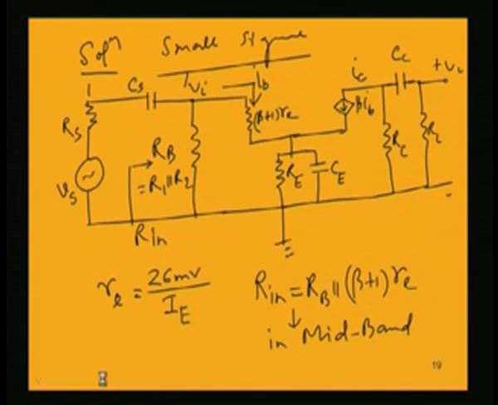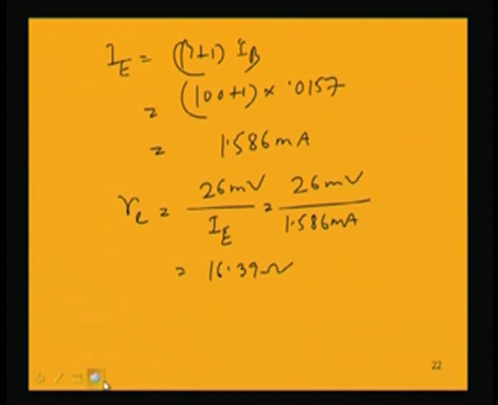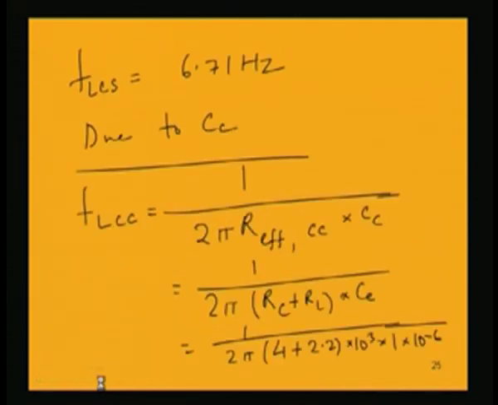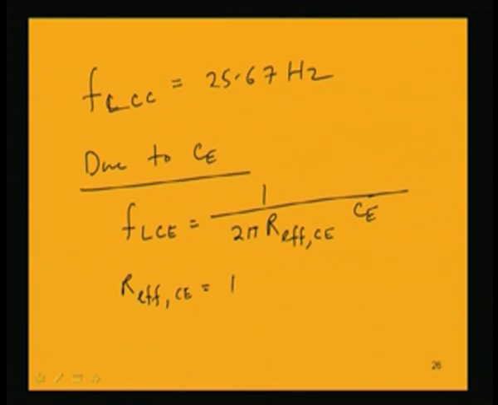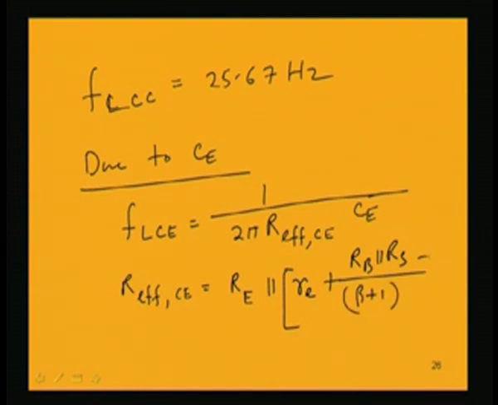So, we will replace this value of effective resistance, which is equal to Re parallel (small re plus (capital Rb parallel capital Rs) divided by (beta plus 1)). Now, putting all these values, the effective resistance equals: capital R is 2 kilo ohm, 2 into 10 to the power 3 parallel.